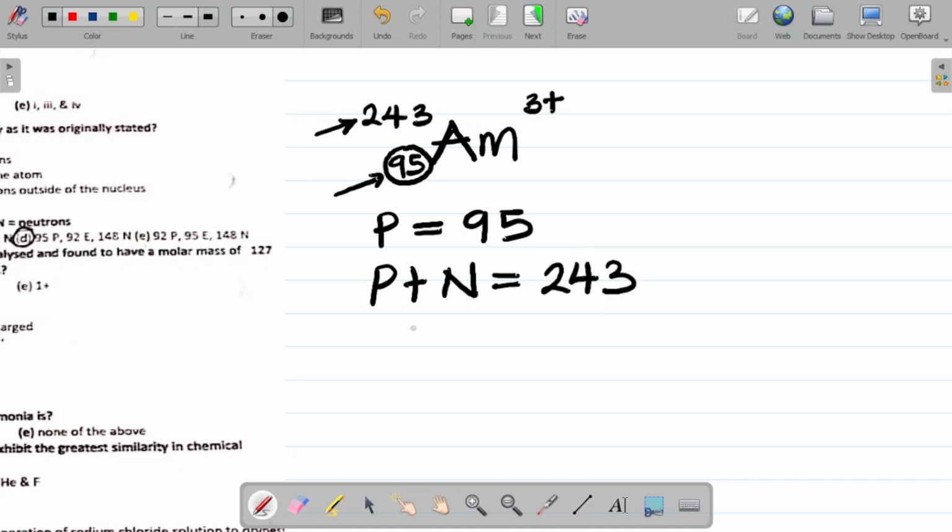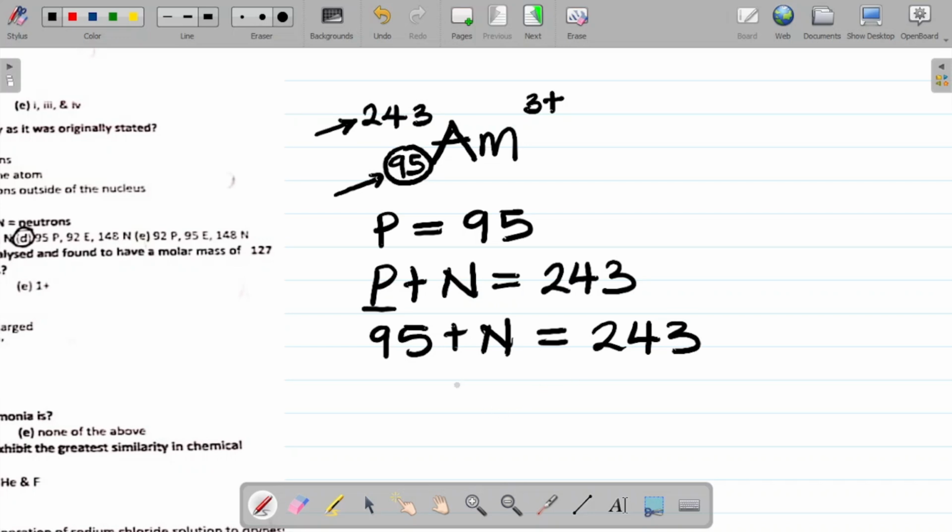Protons plus neutrons gives you 243. Now, if this equation is true, we already have the number of protons as 95. So in place of protons here, I'll just put 95. So I'm saying that 95 plus n is equal to 243.